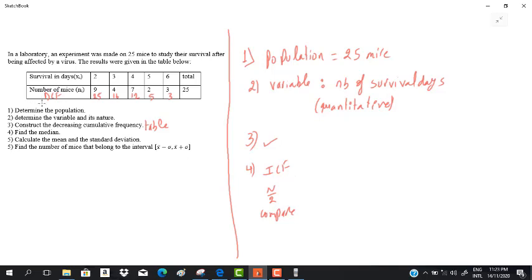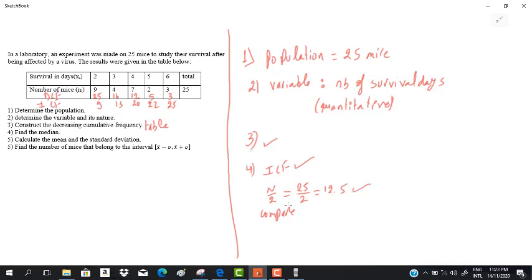ICF, so I should calculate the ICF, increasing cumulative frequency. 9 plus 4 is 13, plus 7 is 20. 20 plus 2 is 22, 22 plus 3 is 25. So ICF is done. And n over 2 is 25 over 2, which is 12.5.